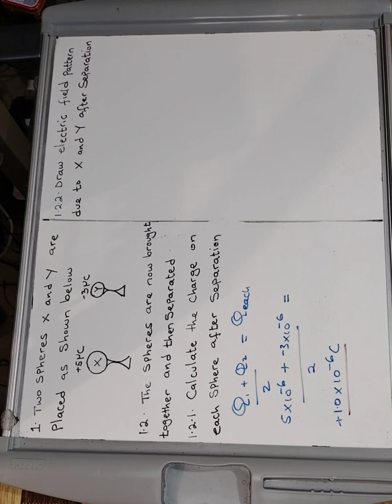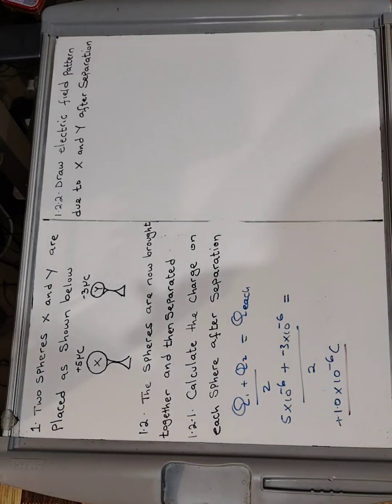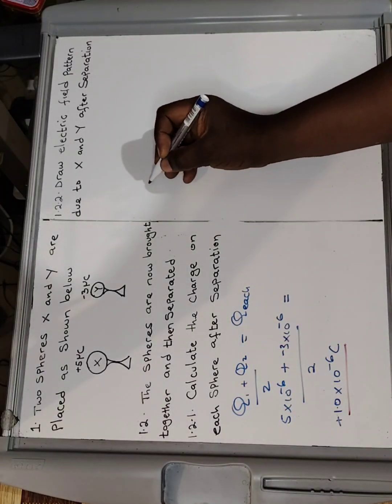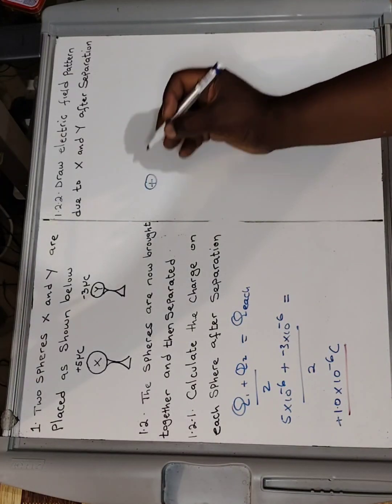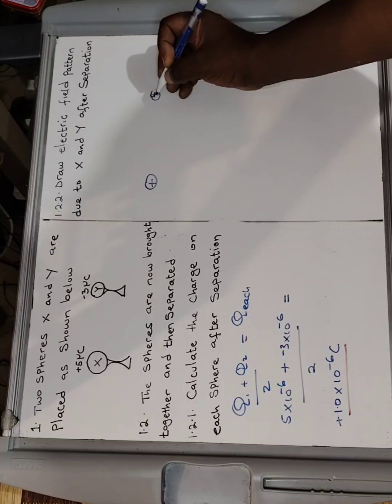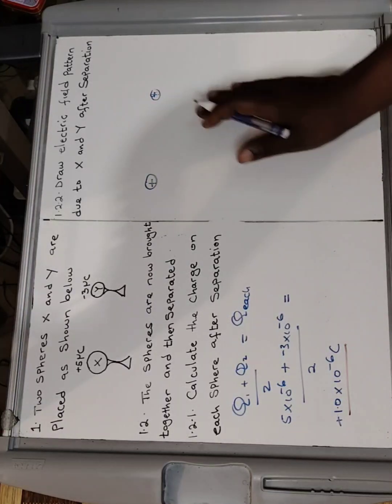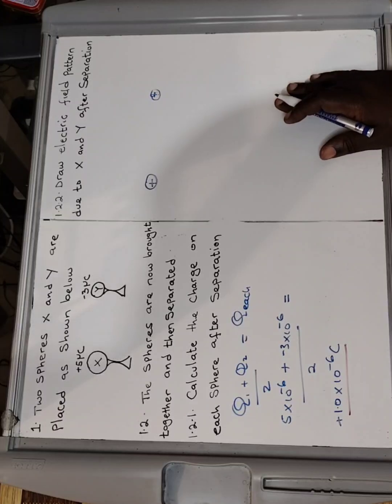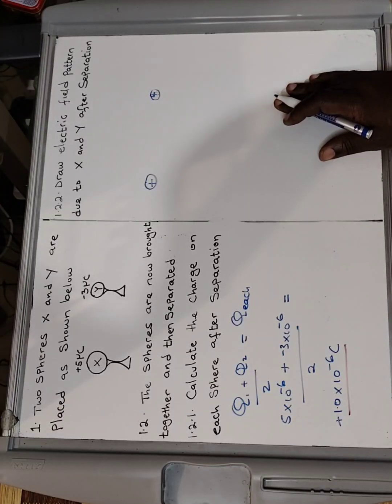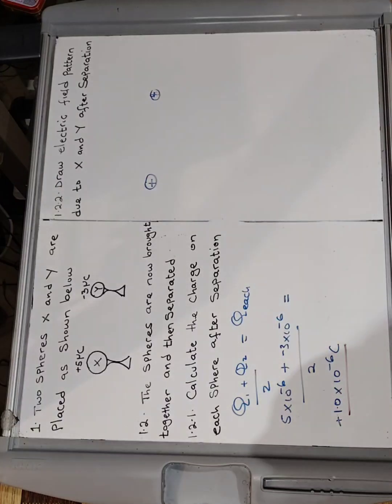We are going to draw the field pattern between two positive charges. So if you have this one as our X, like charges, and like charges don't like each other according to the law of electrostatics. Actually, they repel each other.